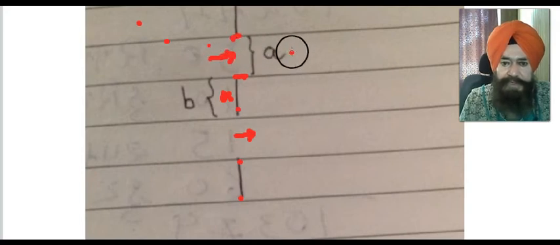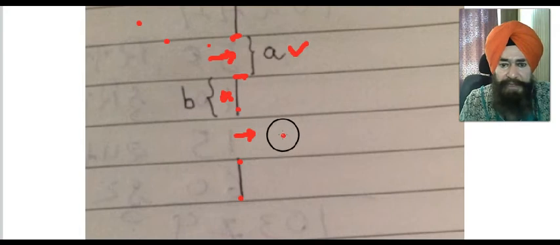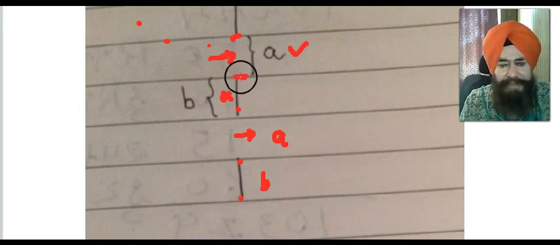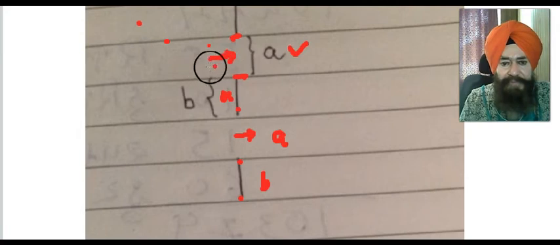So this size is a, this size is b. Again this is a, and this one is b. Now the grating element is from the center of this opening to the center of this opening.